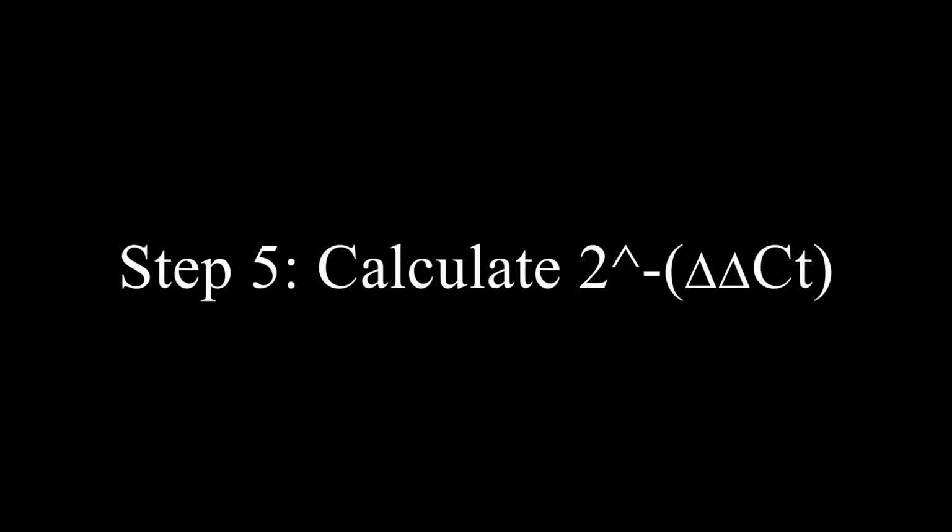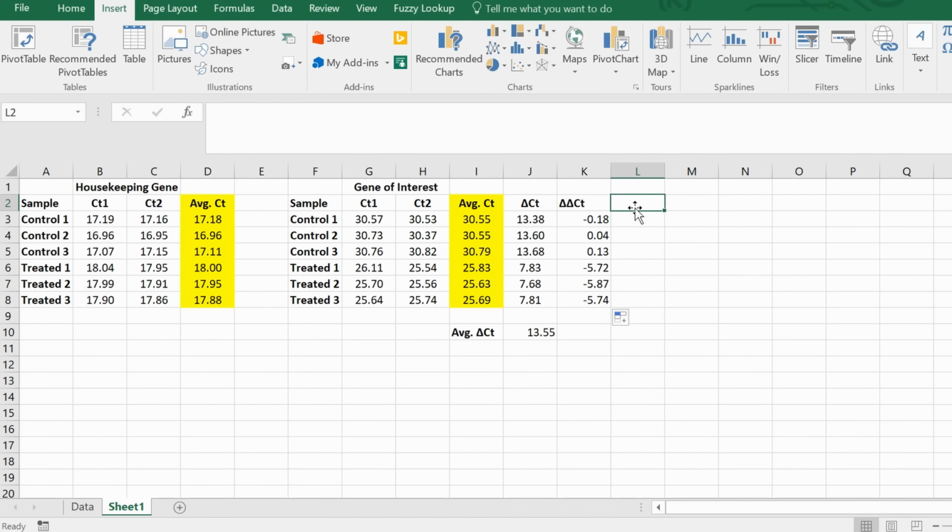Finally, what we need to do is raise this delta-delta CT value. What this would be is 2 to the power of negative delta-delta CT. So for every single sample we do 2 to the power of, which is this sign in Excel, negative, and then in brackets select the delta-delta CT cell and click enter.